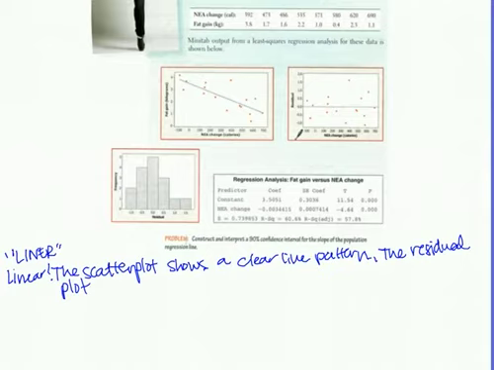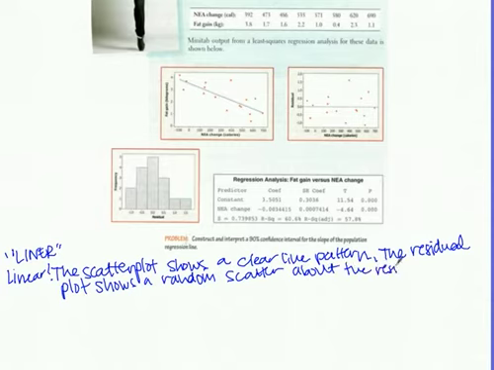So we would say the residual plot shows a random scatter about the residual equals 0 line.